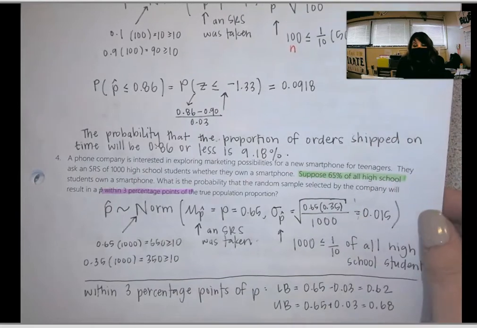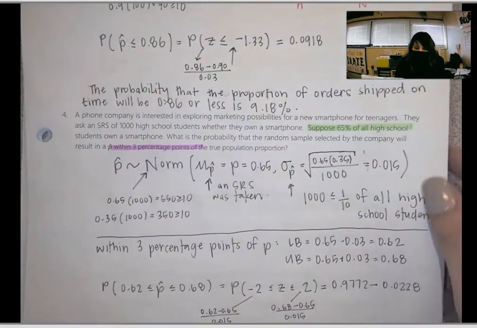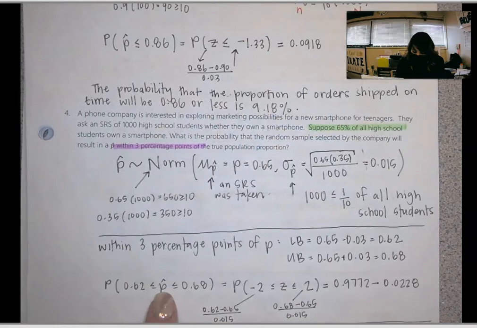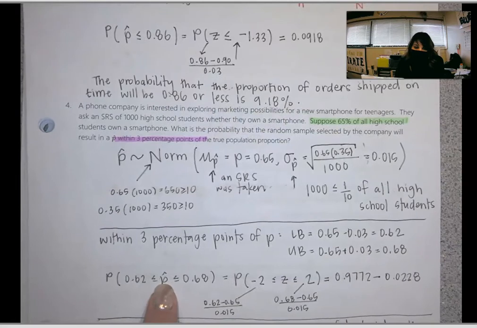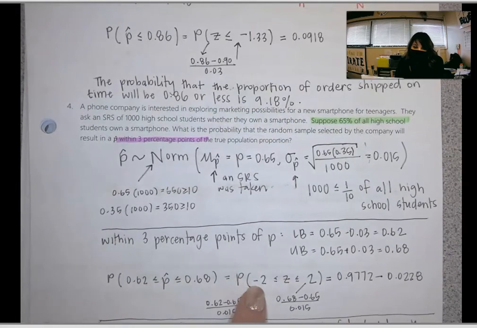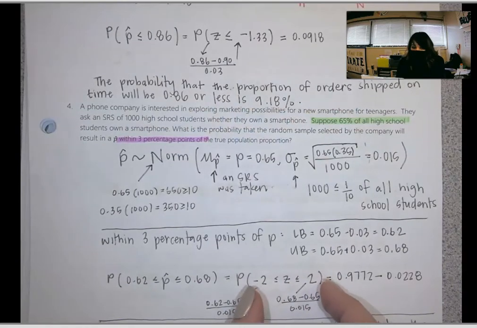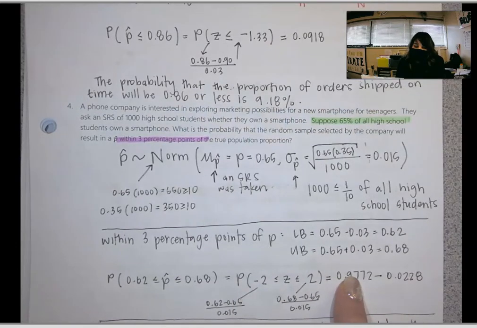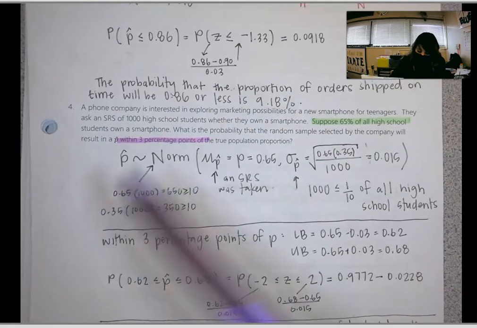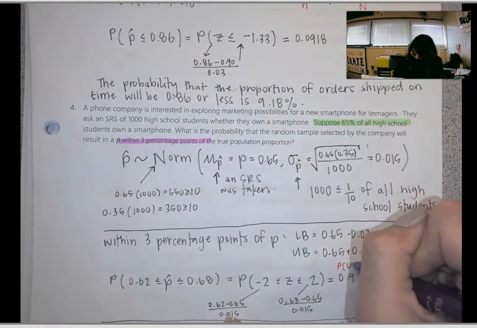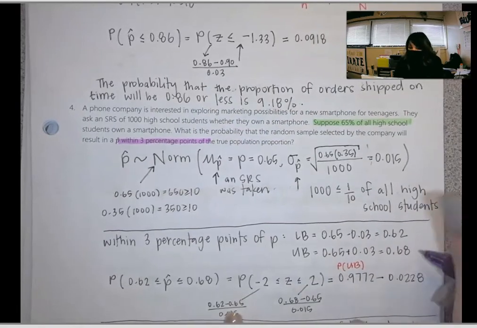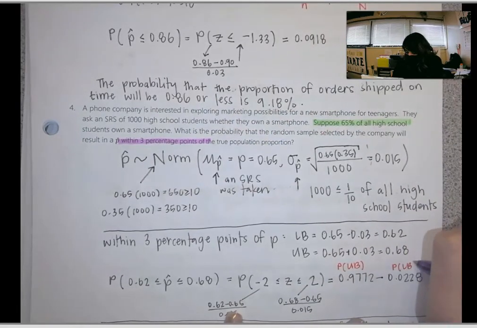So how do we calculate the percentage? Well, this is a sandwich situation. If you calculate the z-scores for the lower bound and the upper bound, you get -2 and +2. And in order to find that middle percentage, you take the probability of your upper bound and you subtract the probability of your lower bound.